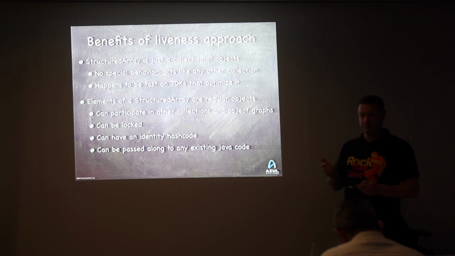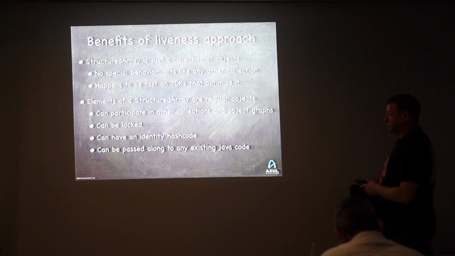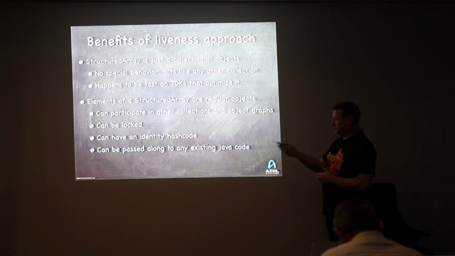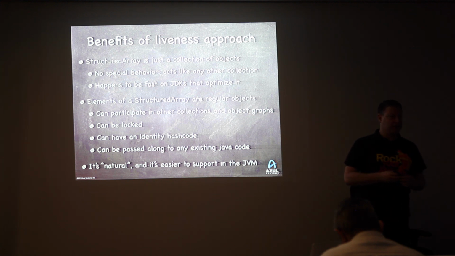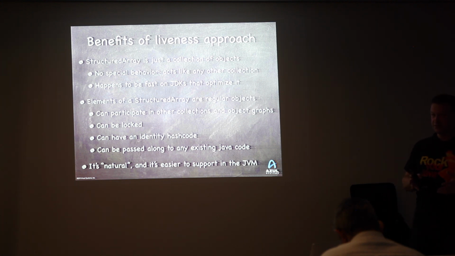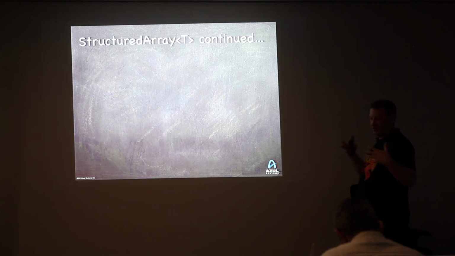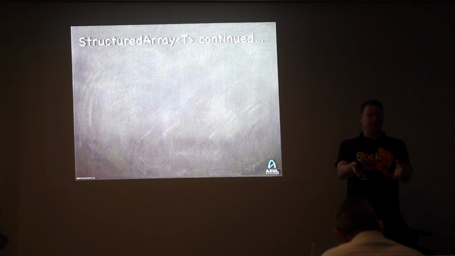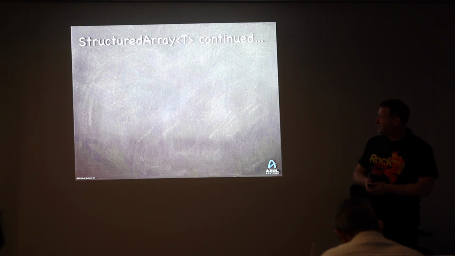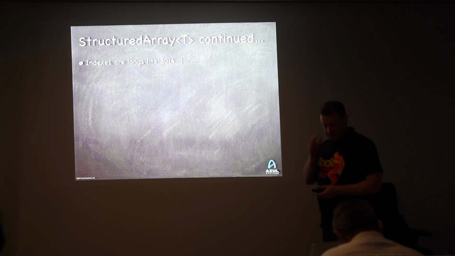Like serialize it, or put it in the hash map. So compatibility is key. We can put things in this bag that are later going into code that doesn't need the bag, that doesn't even know the bag exists, right? We can keep them in the bag while that other code does stuff with it. It's natural. It has one of those effects where once you code it, you just know it's right because it fits.